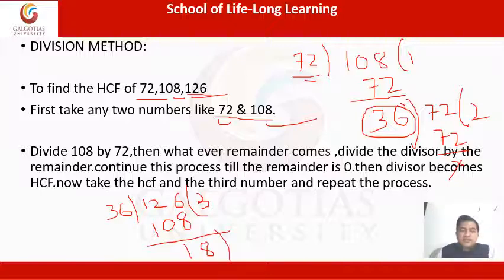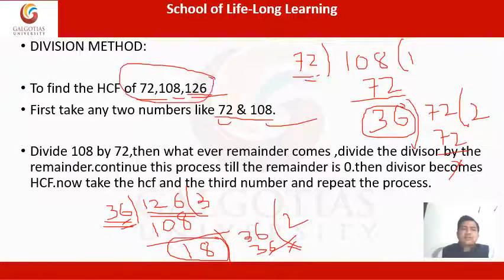Now from the remainder 18, divide 36, because 36 was the divisor here. 18 goes 2 times into 36, and now the remainder is 0. So this 18 is the HCF of these two numbers, 36 and 126, correct? So 18 is the final HCF of these three numbers. Final HCF of these three numbers is 18, correct? So this is another method to find out the HCF of numbers.